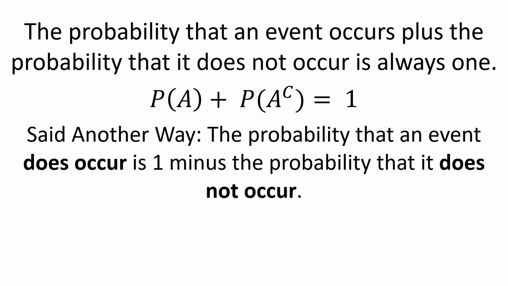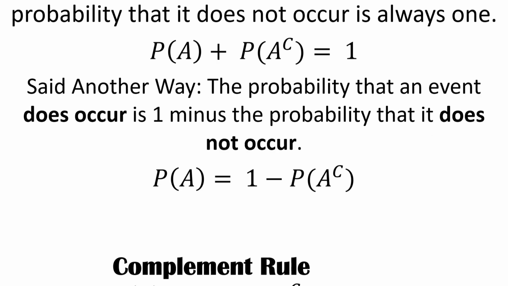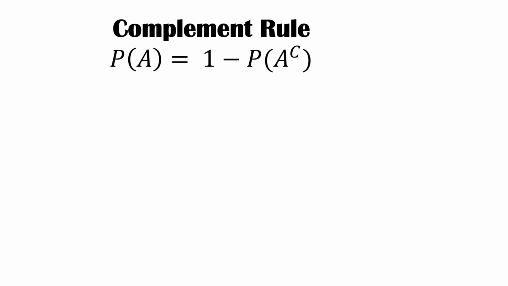So to say it another way, that's perhaps a little bit more useful. The probability that an event does occur is 1 minus the probability that it does not. And so we can write it like this. P of A is equal to 1 minus P of A complement. The probability of A is equal to 1 minus the probability of A complement. And so this rule actually has a name. It's called the complement rule.